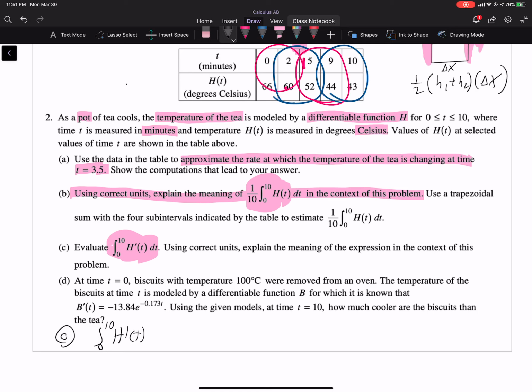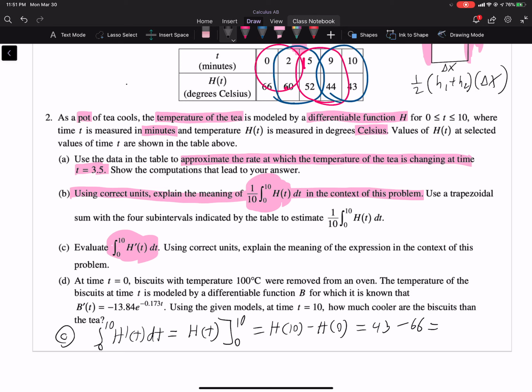The fundamental theorem says first you find the antiderivative of that, which is just h of t, and then you plug in the upper limit and lower limit and subtract. So that's just h of 10 minus h of 0. H of 10 is 43. H of 0 is 66.